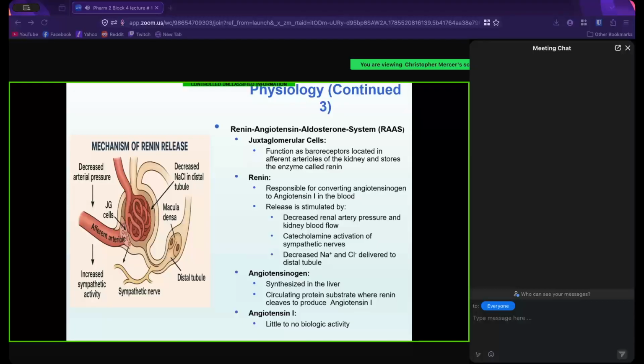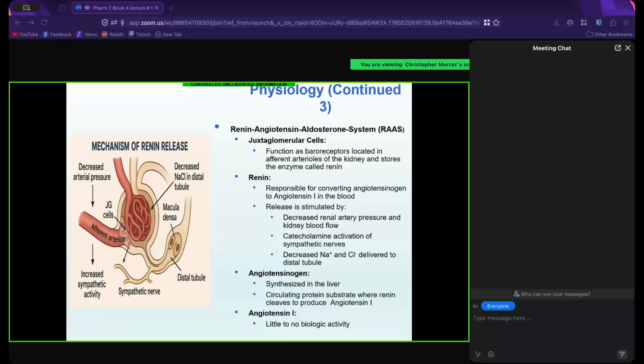What it does is convert, if you go back to the last slide, that angiotensinogen from the liver into angiotensin 1. So you do need to know what renin's doing. And it's there on the slide for you. And once renin converts the angiotensinogen from the liver into angiotensin 1, angiotensin 1 does nothing.